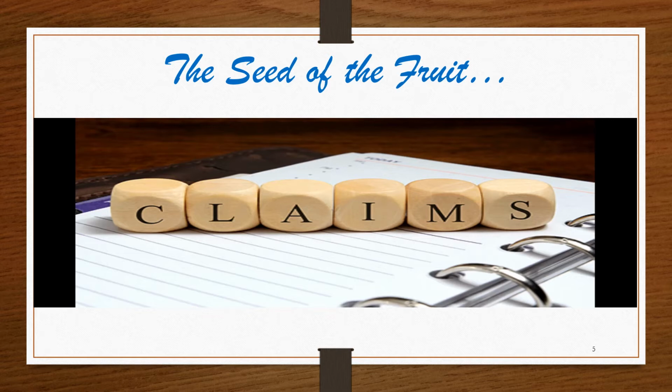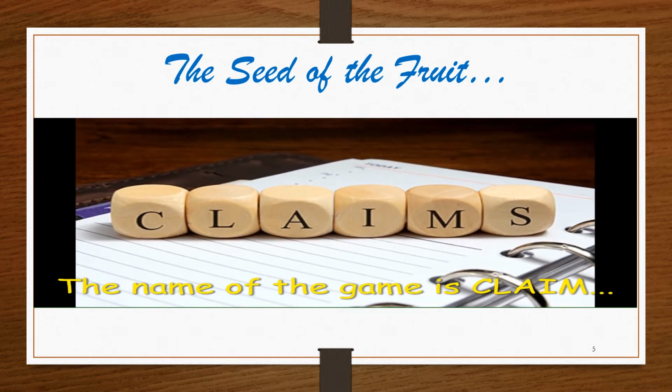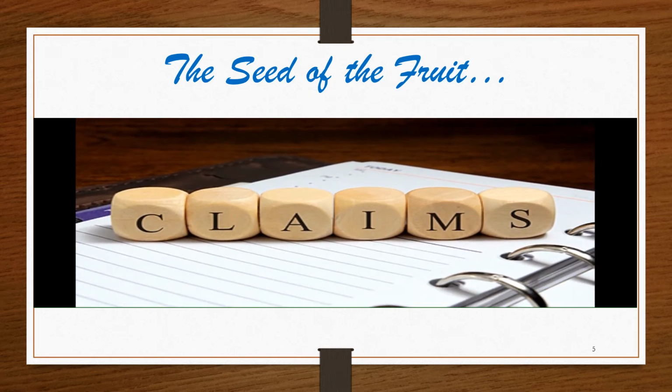That means the most important content of the complete specification. Okay, what is it? This is claim or claims. See, the name of the game is claim. Okay, just remember this. The name of the game is claim. Okay, just proceed.